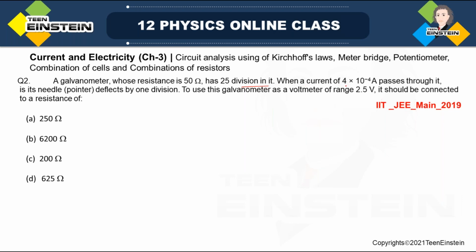When a current of 4 into 10 to the power minus 4 ampere passes through it, its needle pointer deflects by 1 division. To use this galvanometer as a voltmeter of range 2.5 volt, it should be connected to a resistance of what, among these 4?